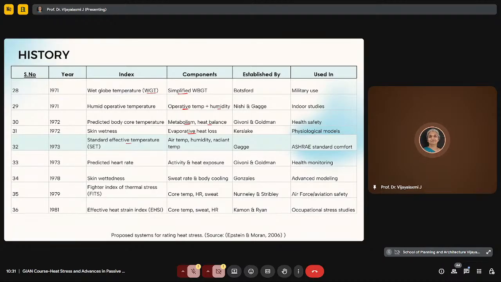Standard effective temperature uses air temperature, humidity, radiant temperature. Predicted heat rate is used for health monitoring. Skin wettedness uses sweat rate and body cooling. And fighter index of thermal stress uses core temperature, heart rate, and sweat. Whereas effective heat strain index uses core temperature, sweat, and heart rate and is used for occupational stress studies.